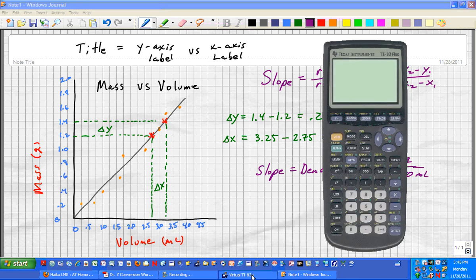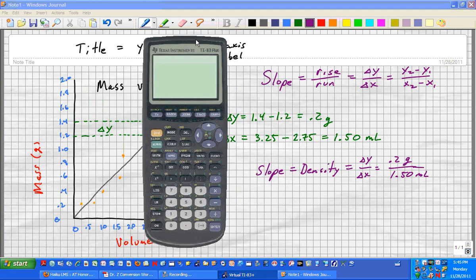I'm going to go ahead and divide these. So 0.2 divided by 1.5 is 0.1333 repeating.